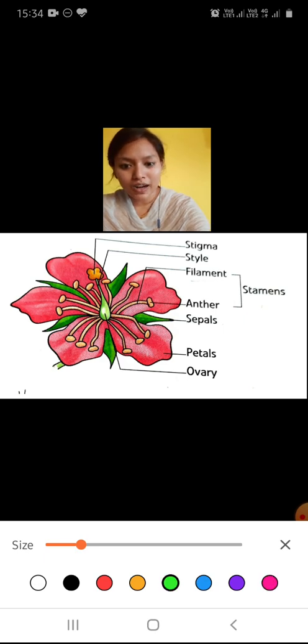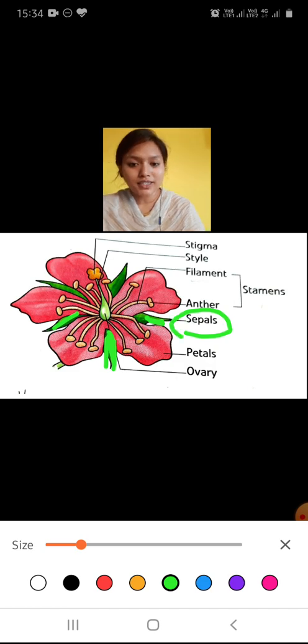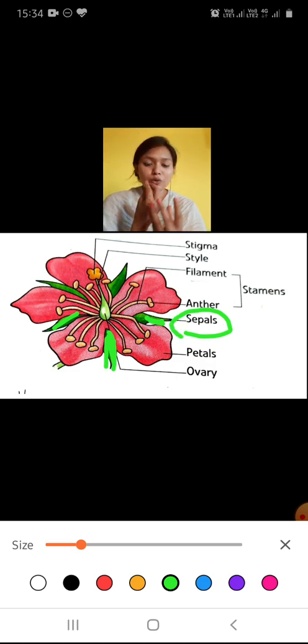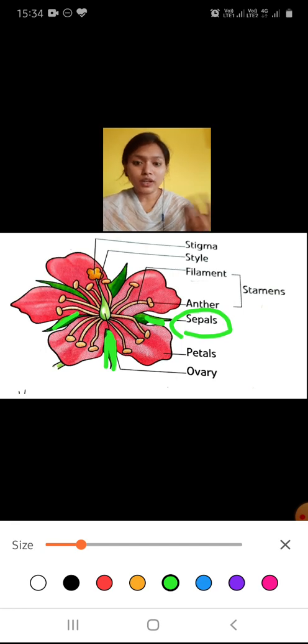This green part, as you can see in the picture, these green petals, these are sepals. These are present outside the flower. If this is a flower, outside it, it is pasted all around like this. You can remember it like this: sepal, sepoy.